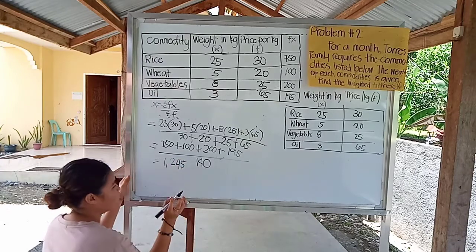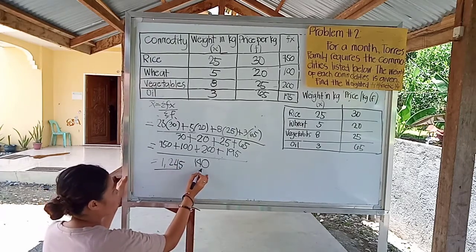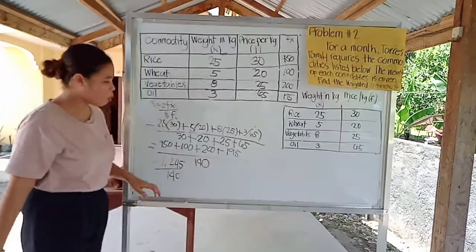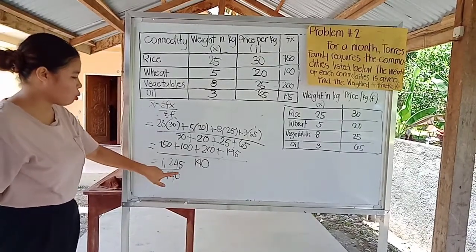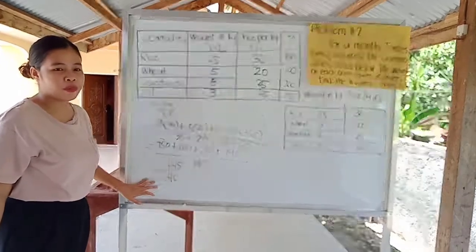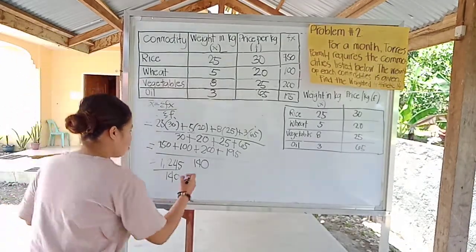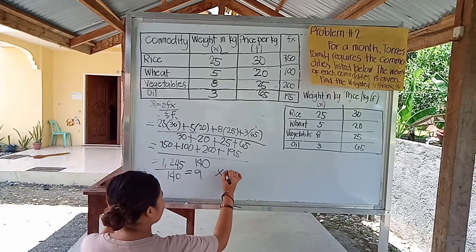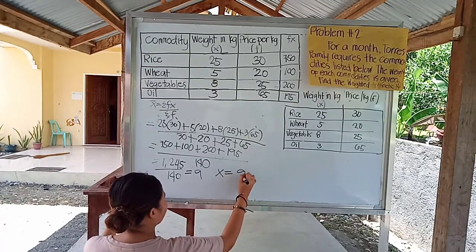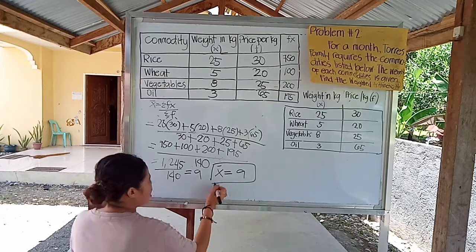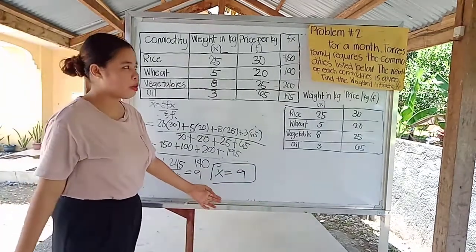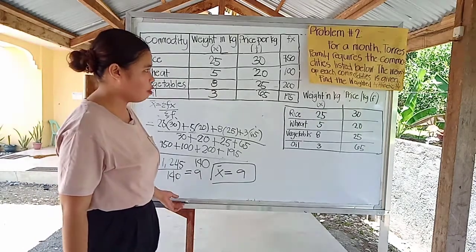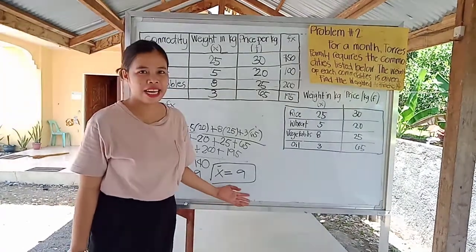So all we need to do is copy the denominator, which is 140. So now, 1245 divided by 140 is equal to 9. So our x is equal to 9. So, this is the weighted arithmetic mean. The weighted arithmetic mean of the commodities is 9.